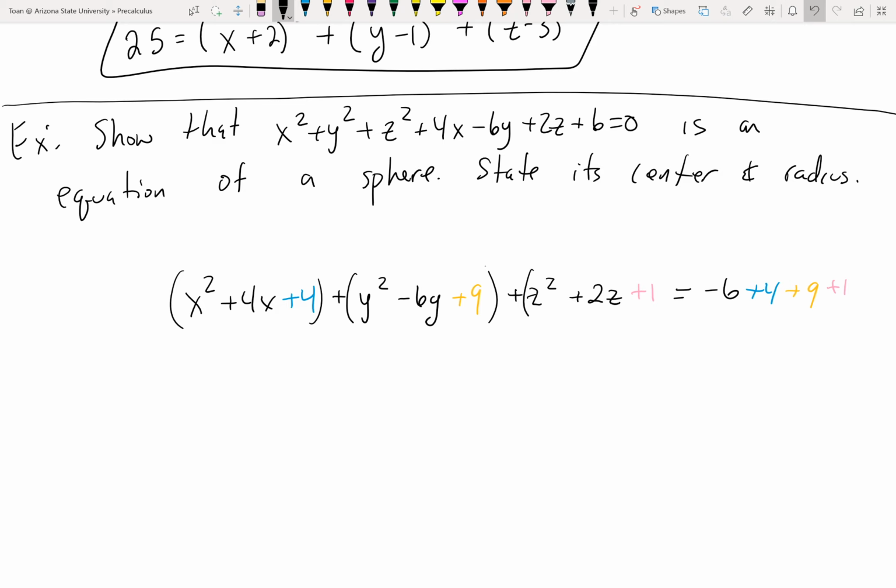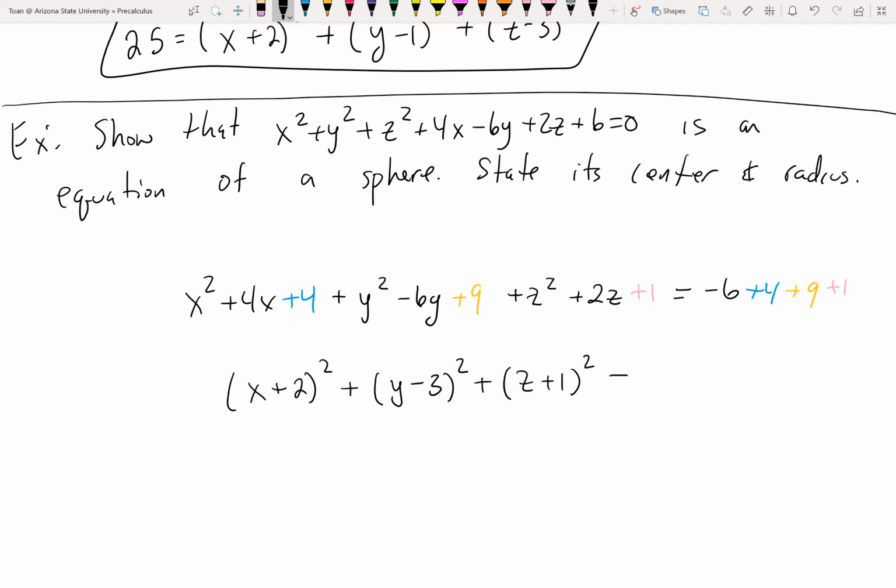That's why we complete the square, because we transform them into factorable trinomials. So for the x, it's always going to be x plus half the middle number, squared. For the y, it's y plus half the middle number, squared, and for the z, it's z plus half the middle number, squared.